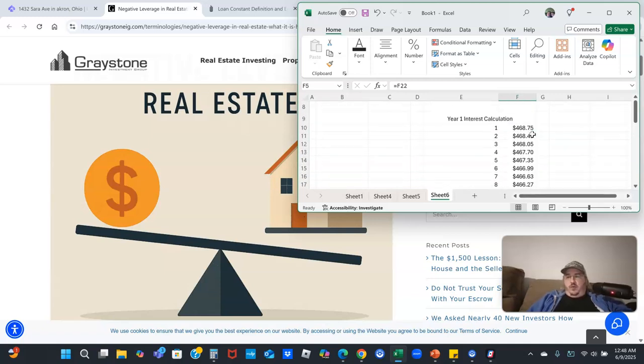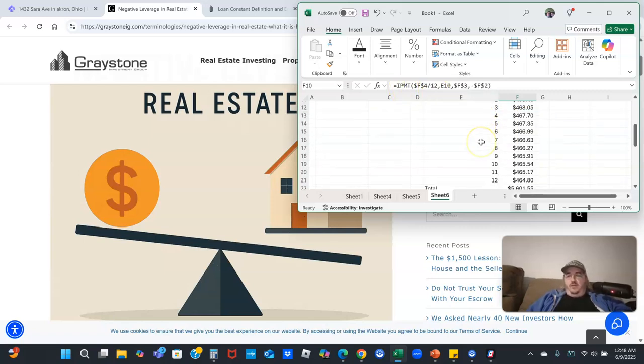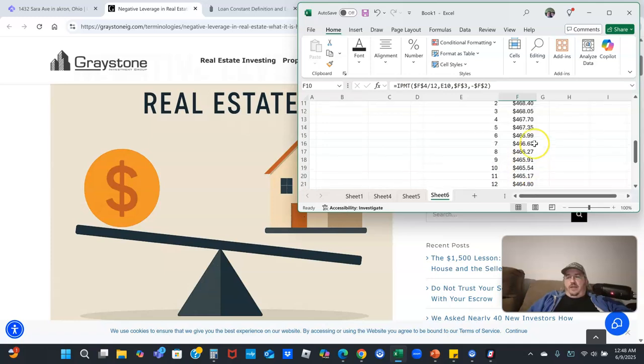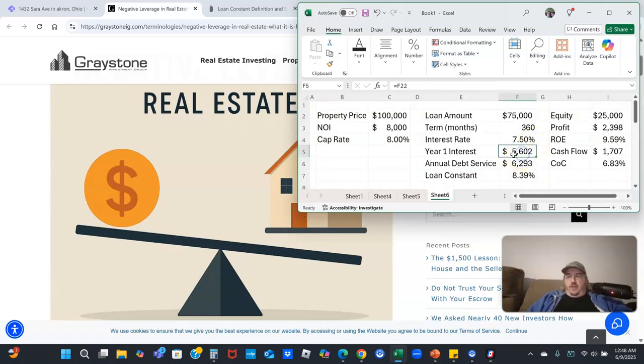But because I wanted to be a little more precise, I did my year one interest calculation using this interest payment amount, adding them all up. And it actually only ends up being like $20 difference than if I multiply this by that. But sometimes I want to really check and make sure that it's not going to be too far off.